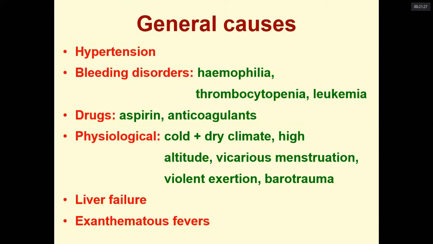So whenever it is cold and dry, the friction will be more, and that way there are more chances of bleeding. Dryness may cause crusting. Similarly, at high altitude, due to decreased air pressure, and barotrauma in scuba divers or in space, there can be chances of bleeding.